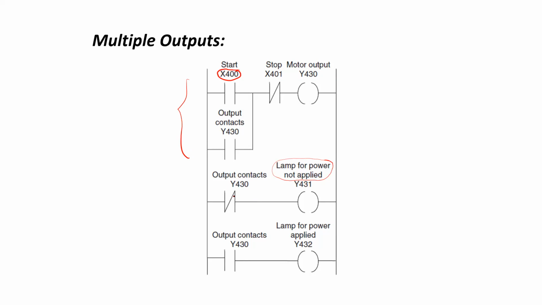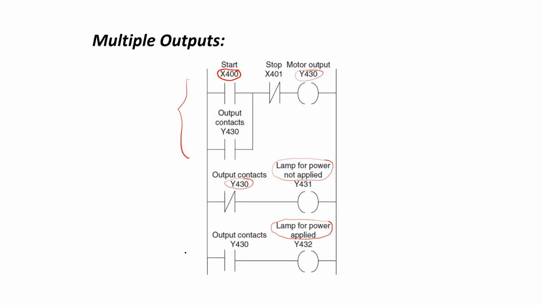So a normally closed contact can be taken. Whenever the motor coil is getting energized, its corresponding contact will transition from closed to open, and this lamp will stop glowing. Now another lamp will glow after the motor is powered, so a normally open contact can be used to power this lamp.